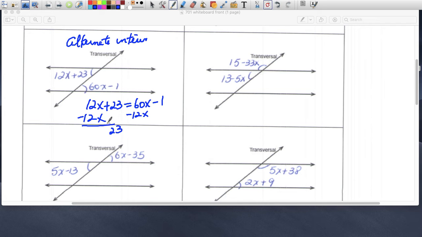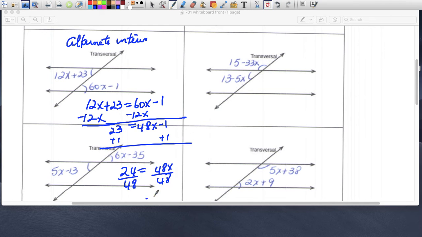This is 23. This is going to be 48x minus 1. So we're going to do plus 1, plus 1. We get 24 equals 48x. Divide by 48, divide by 48. And x equals 0.5 or a half.